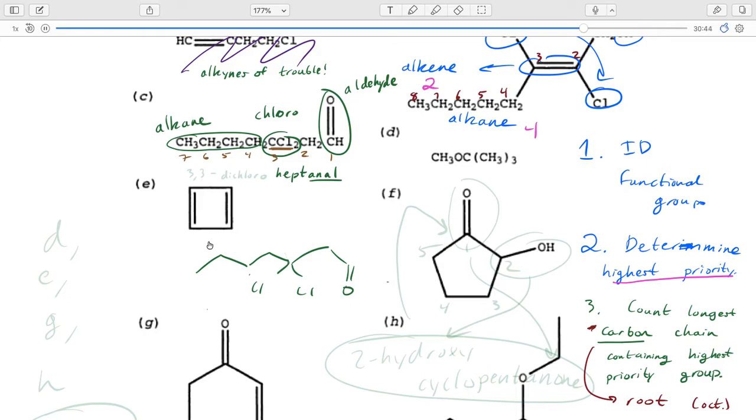Then everything else from there is easy. We've got 2 chloro groups, both on carbon 3. So that's just 3, 3, and yes, we do label the number twice if it appears there twice. So then becomes 3,3-dichloroheptanal, and there's our IUPAC name.